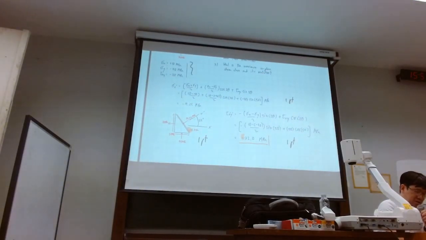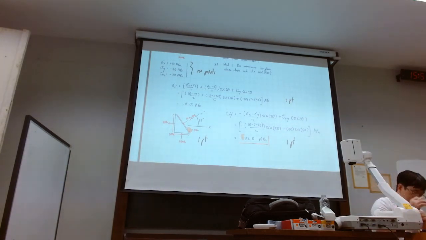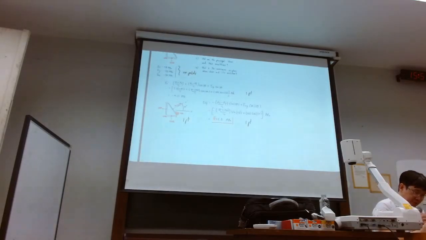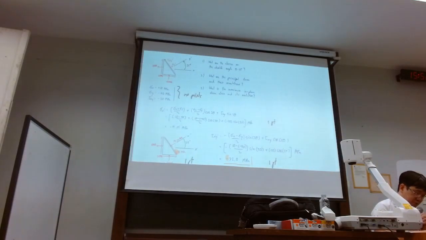So again, here, no points, but you're supposed to be doing it right anyway. If you're doing it wrong, then it will affect everything that you do, along with the substitution and everything.